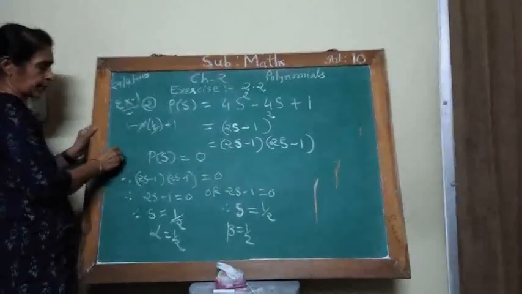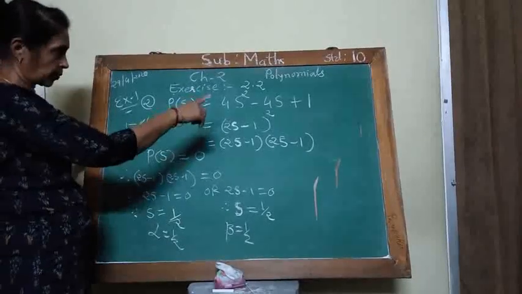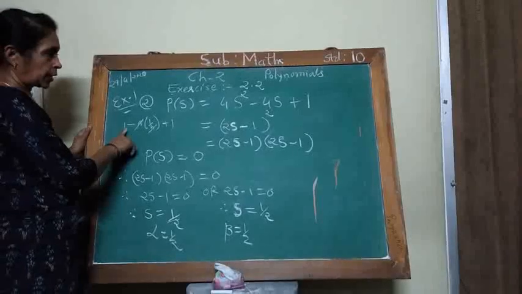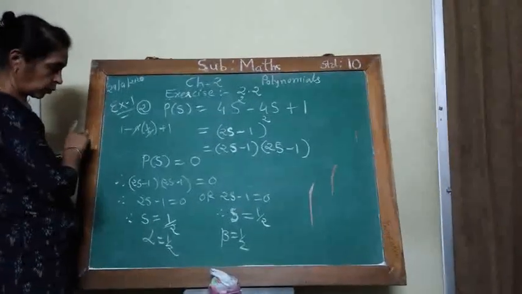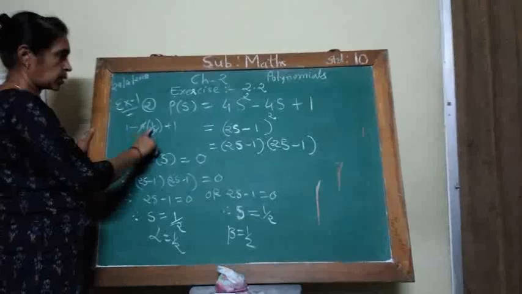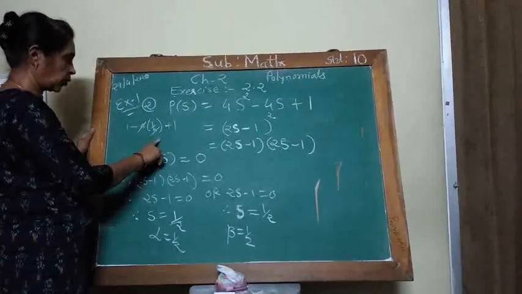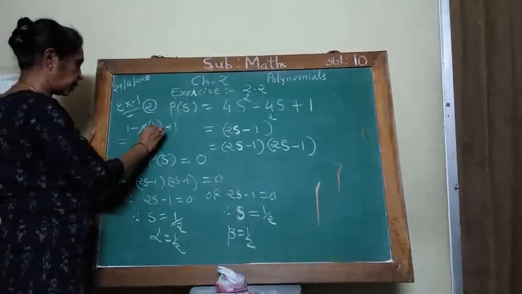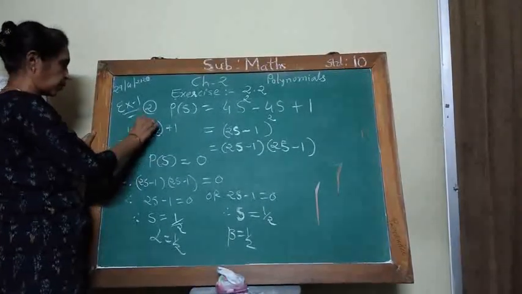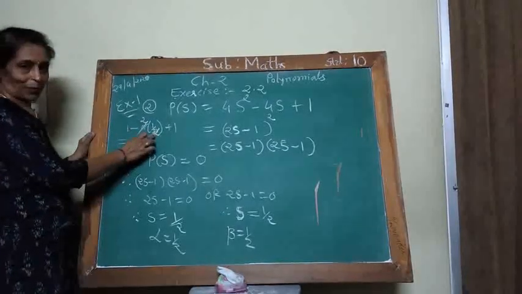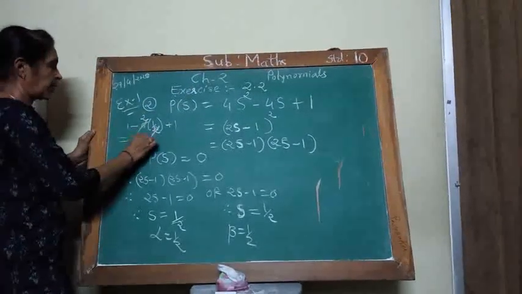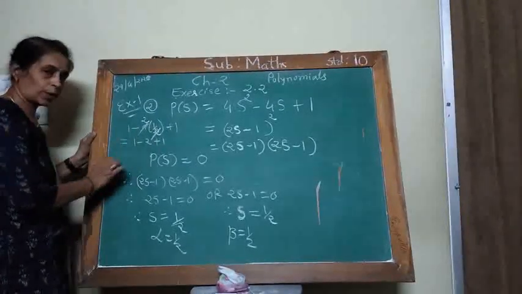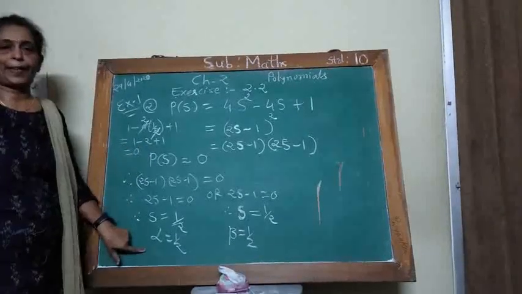So 1 minus 2 plus 1. So 1 plus 1 is 2, 2 minus 2 is 0. Yes. So we are right. Clear?